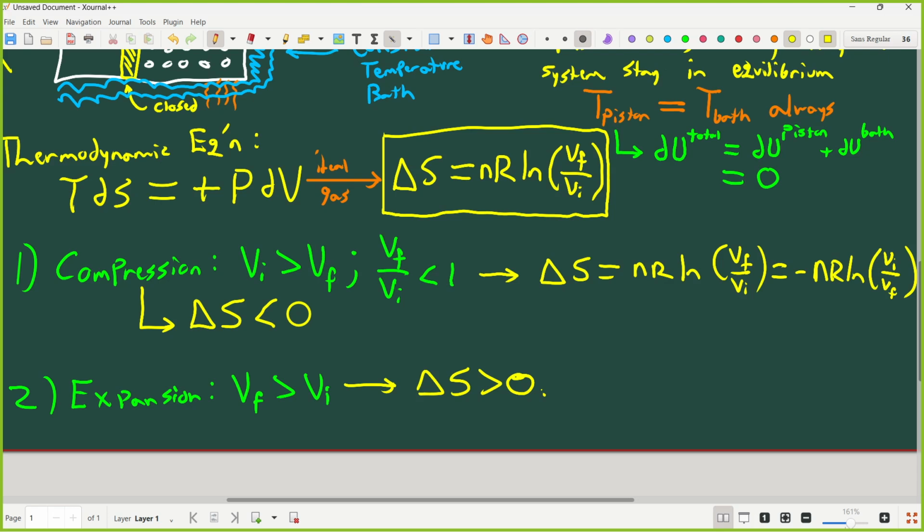That means that if the system is compressed and our homie lets go of his piston, the expansion of that piston is spontaneous. It's just going to occur if the piston is allowed to move. The gas wants to naturally expand.